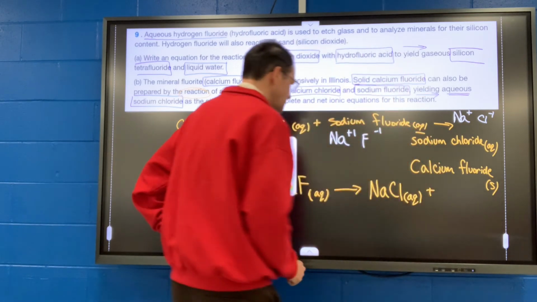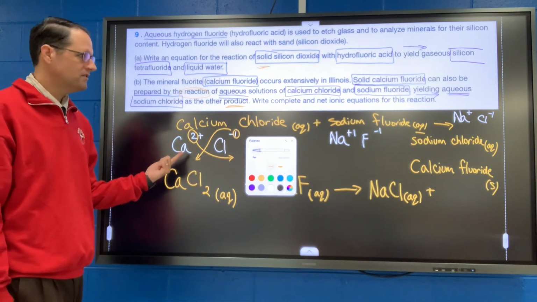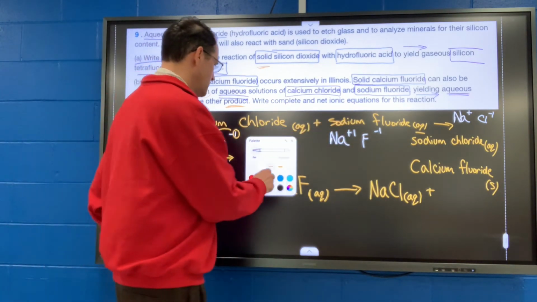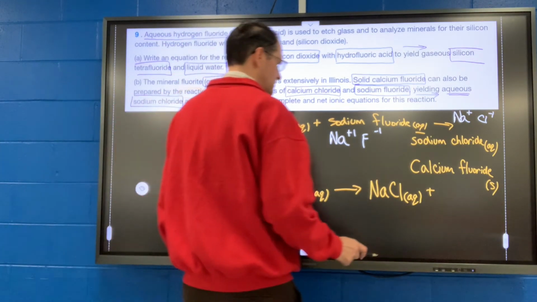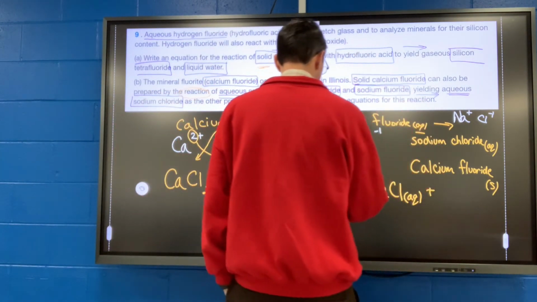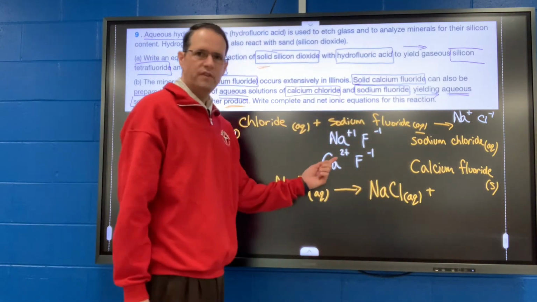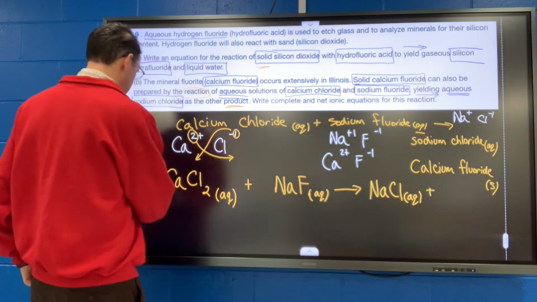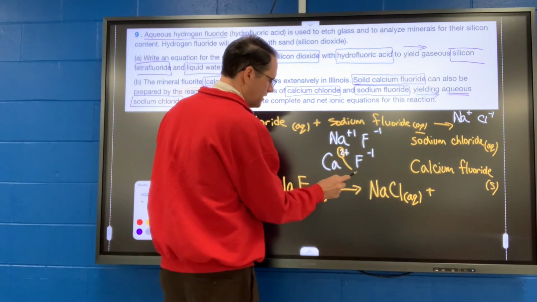Okay. Next up, we have calcium fluoride. Remember again, calcium is +2, fluorine is -1. So when you do the crisscrossing there to figure out what the formula is, you start off with this situation here, and now you can just grab the 2 and make it come down.